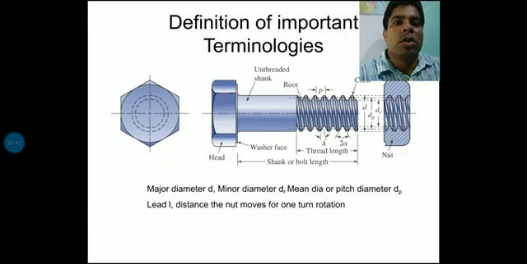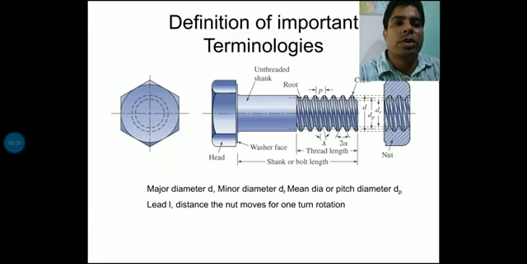Now a few more points. First is the measured dia, which is expressed in the figure as small d. Next is the minor dia, expressed as dr. The mean dia or pitch diameter is expressed as dp.